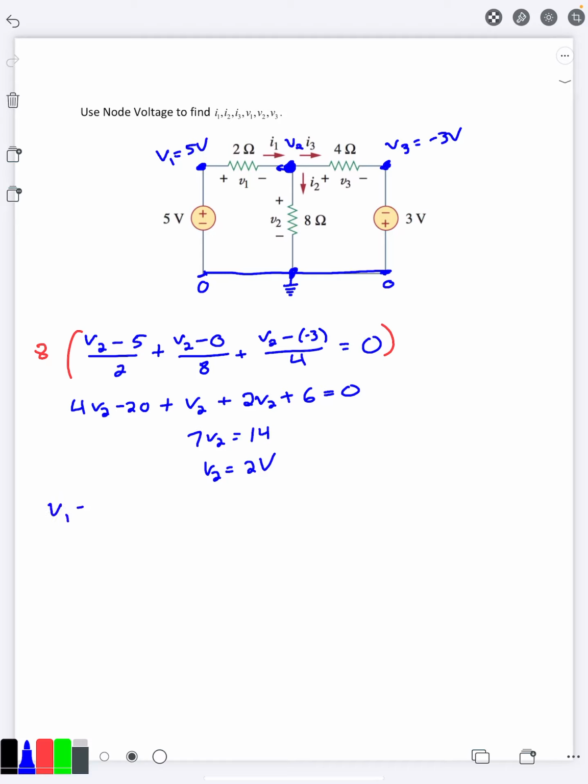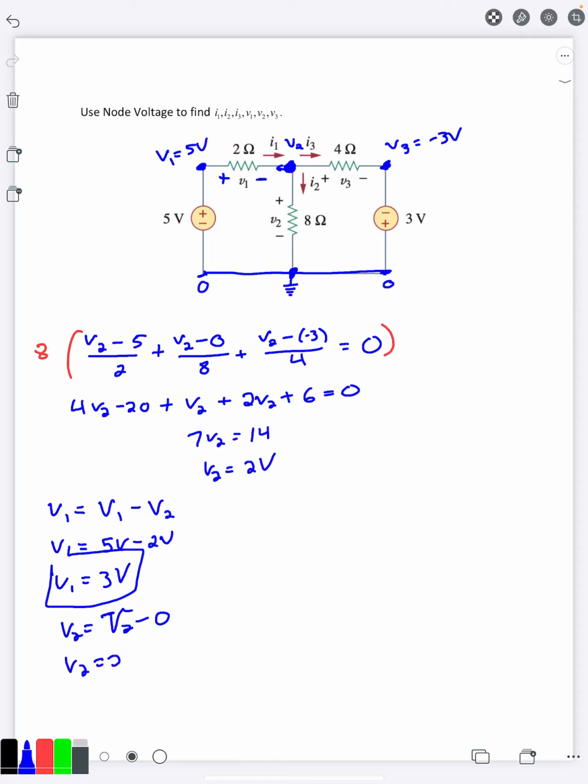So my little v1, it's the voltage difference between these two sides here. So on the left side, we have capital V1. On the right side, capital V2. So little v1 is going to be 5 volts minus 2 volts, so little v1 is 3 volts here. Little v2, again, it's the capital V2 minus the ground, which is 0.